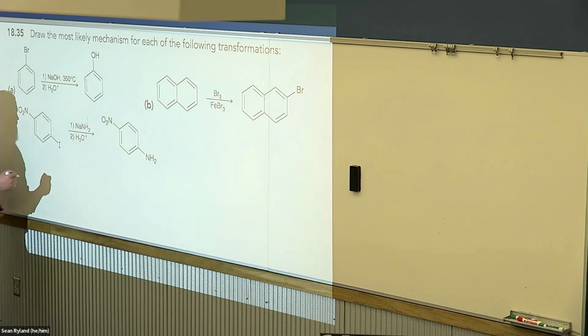So in this case, our strong base just starts by adding. We move the electrons over and we make that Meisenheimer complex, which looks like the sigma complex with a negative charge.